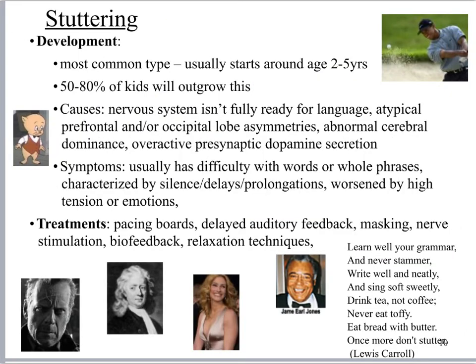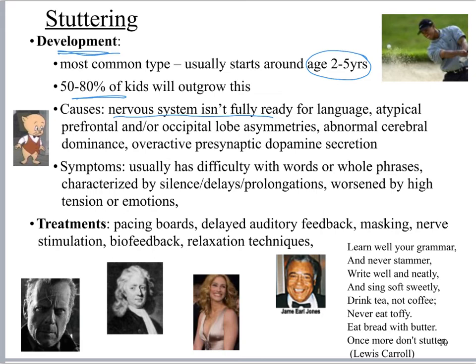More common is the developmental, which is the one most kids are dealing with, and it starts around age 2 to 5. Most kids are going to outgrow it. Basically, the nervous system isn't fully developed, so it's not quite ready to deal with the demands of language.